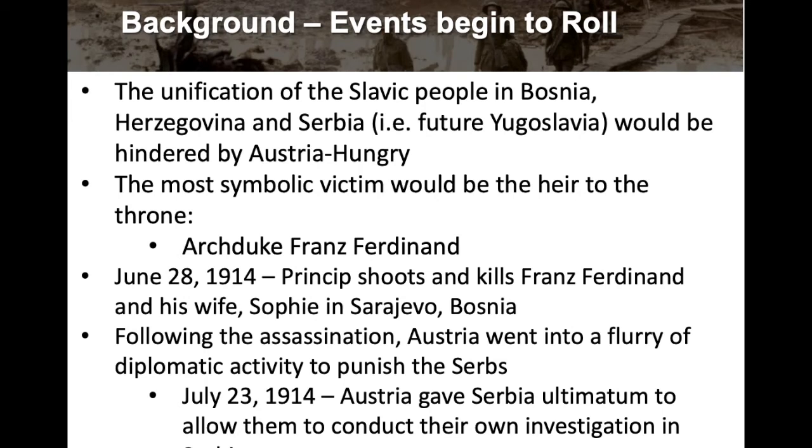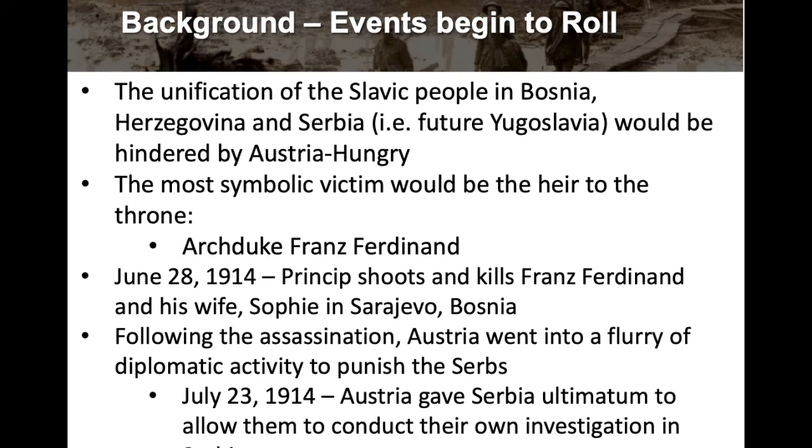That's that area, Bosnia, Herzegovina, and Serbia. The unification of these people would be hindered by Austria-Hungary. And so the most symbolic victim that the Black Hand could attack would be the heir to the Austria-Hungarian throne, the Austrian throne.